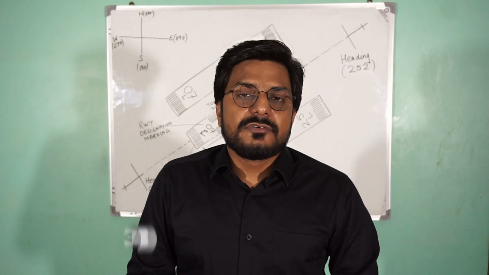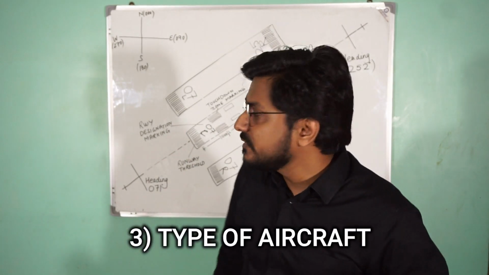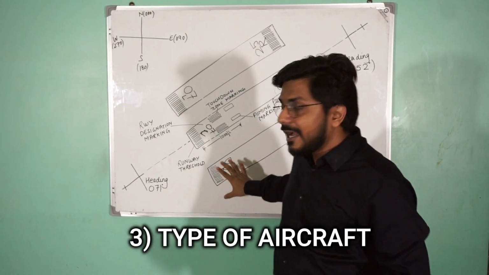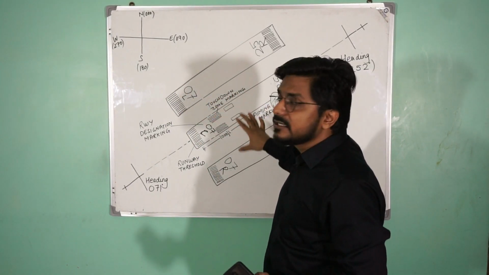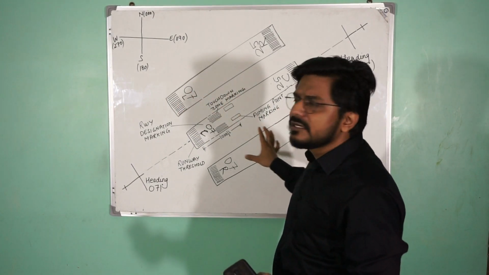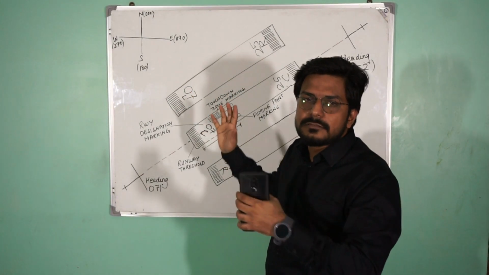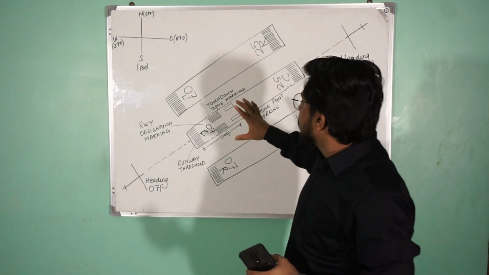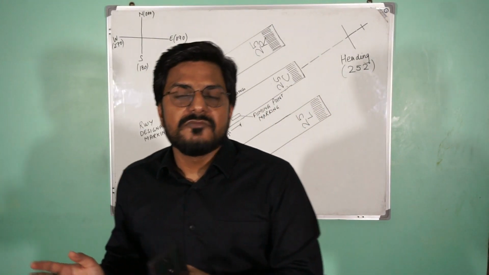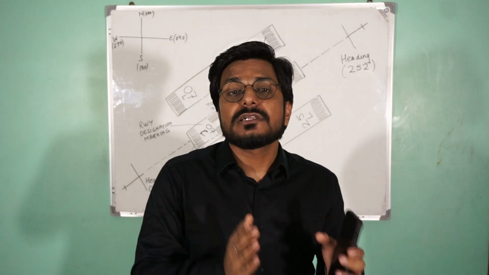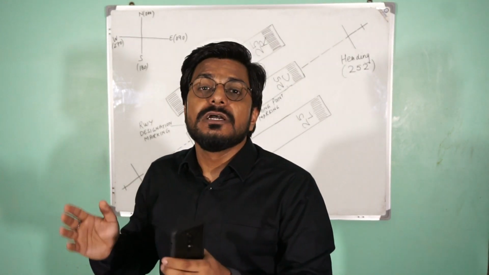Type of aircraft, which type of aircraft it is. Suppose we have three runways here, and each runway has a different length, and suppose we have a different intersecting runway or some other kind of runway. In all those cases, if we have to select one runway, we have to consider what kind of aircraft is going to land.